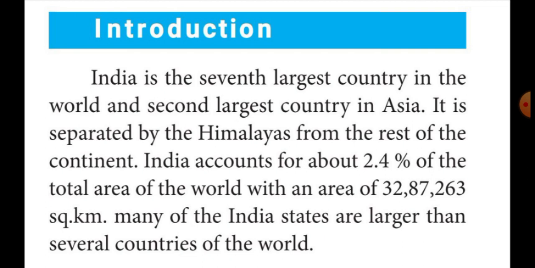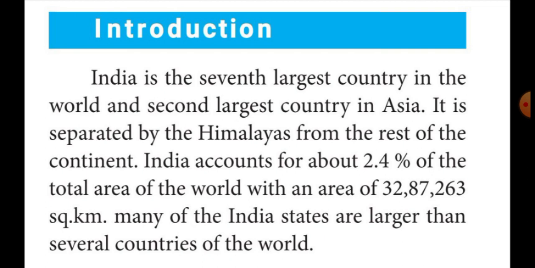India is located in the continent of Asia, and also India accounts for 2.4 percent of the total area in the world, and the total area of India is 32 lakhs 87,263 square kilometers.